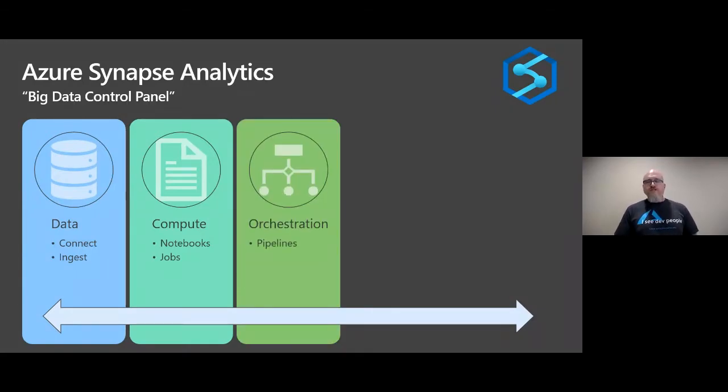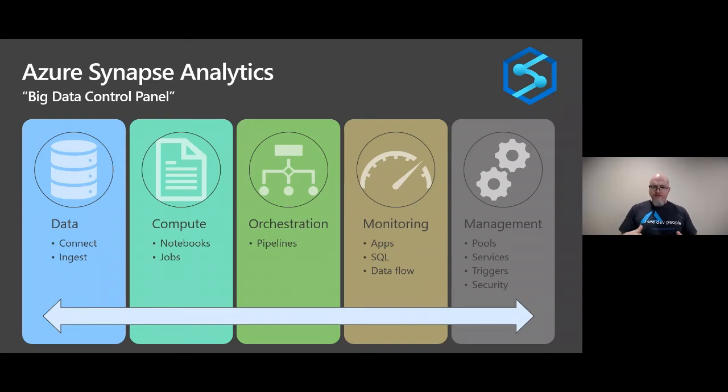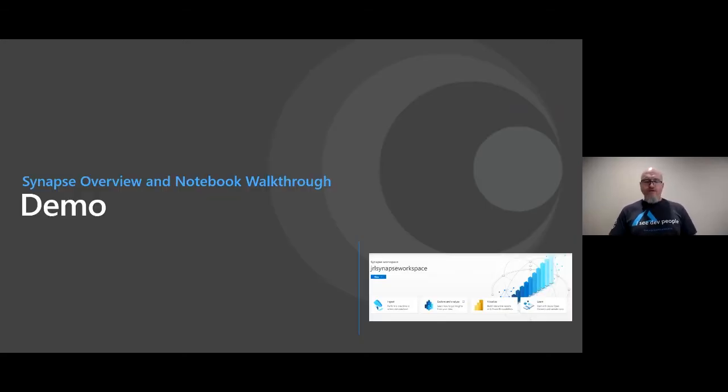Conduct orchestration, so you may have pipelines that have multiple steps and data from different sources, and run different pieces of code across them. You can monitor what's happening, and you can manage your pools and services and security, all from a single spot. So I've shown you quite a few slides. The rest of this is going to be pure code and pure big data fun.